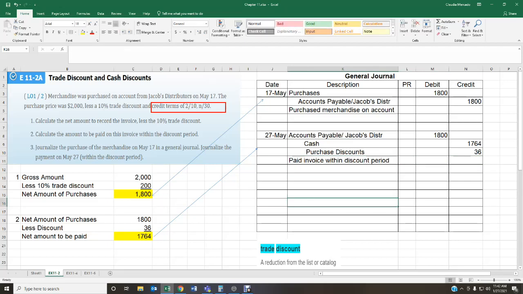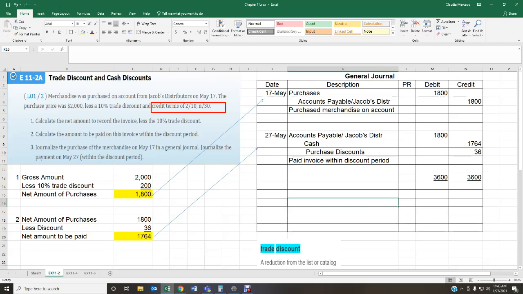Since I'm using Excel, I'm just going to make sure that my debits equal my credits because I want to make sure that we are in balance. Whenever you are doing journal entries, I always like to make sure that my debits equal my credits. That way I know that I am in balance before I start transferring information over to my ledgers.